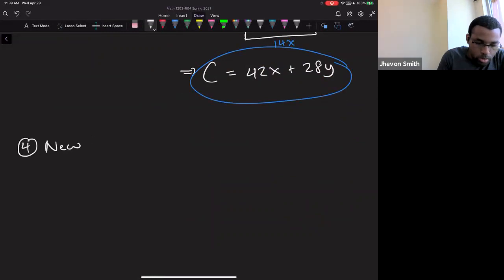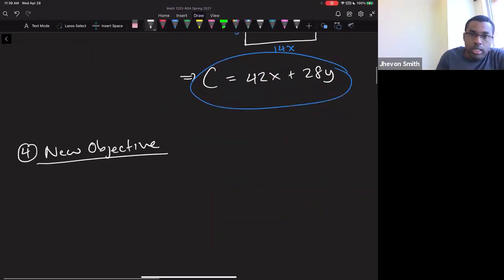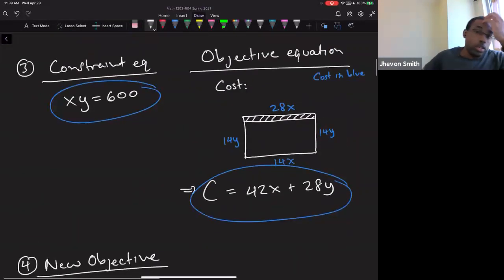In step 4, you want a new objective because your objective is in 2 variables, not very useful for us in Calc 1. So what we're going to do is solve for one variable in the constraint and plug it into the objective. We can solve for any one. Arbitrarily, I'm going to solve for y because I'd rather multiply by a 28 than a 42. That's literally the only reason.